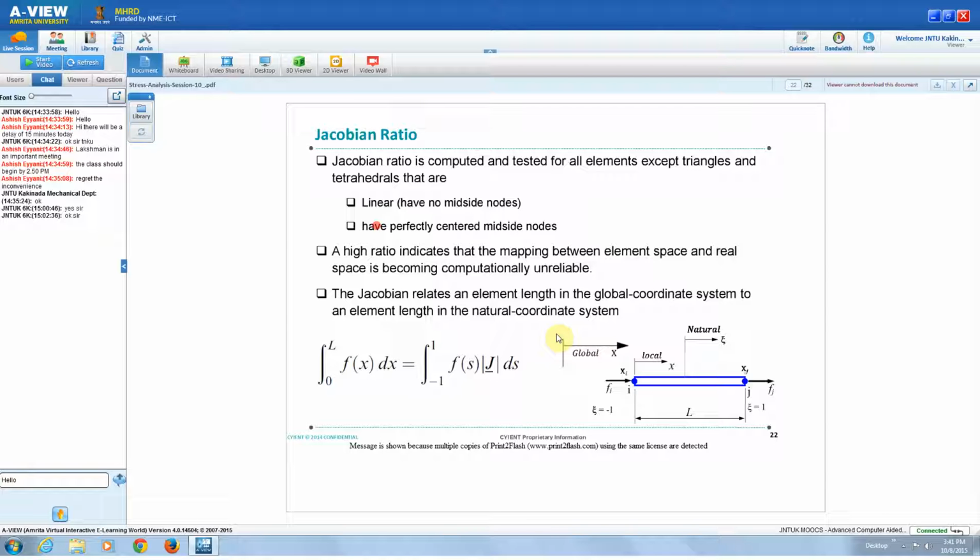A high ratio indicates that mapping between element space and real space becomes computationally unreliable. If you have high Jacobian ratio, the results are not reliable. That is why Jacobian ratio is very important. Before proceeding with analysis, we need to check the Jacobian ratio.